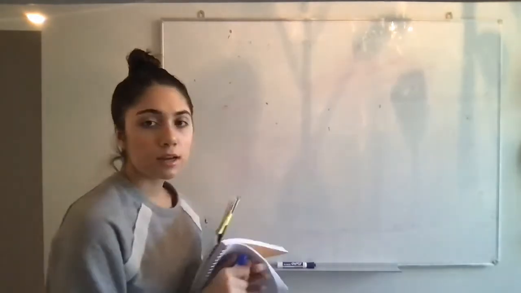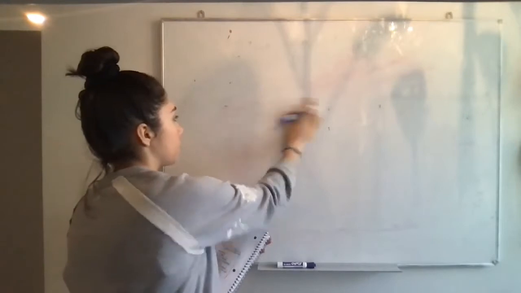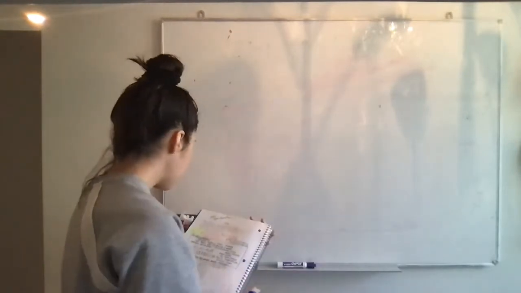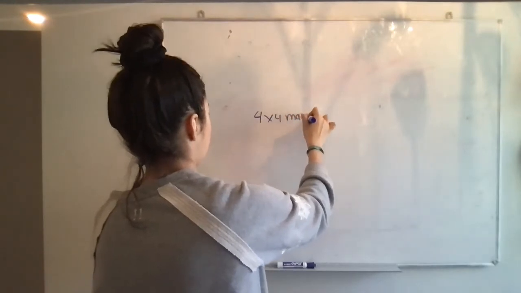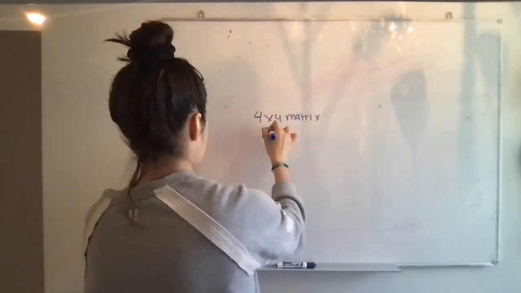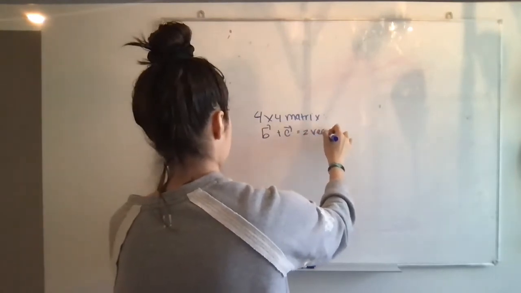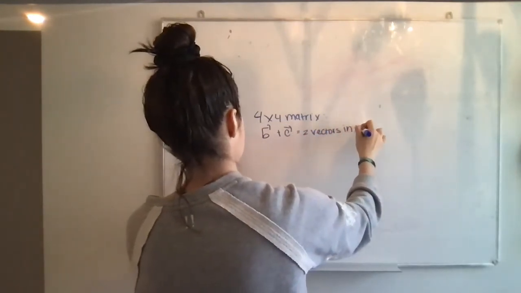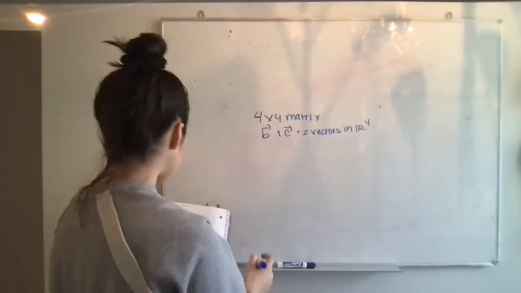So this one's kind of another proving problem. A lot of the problems in this problem set were about proving things true. So we've got a 4x4 matrix A. Vector B and vector C are 2 vectors in R^4.